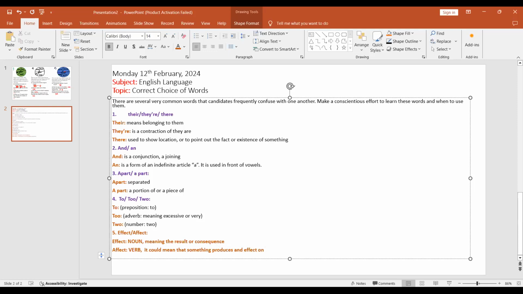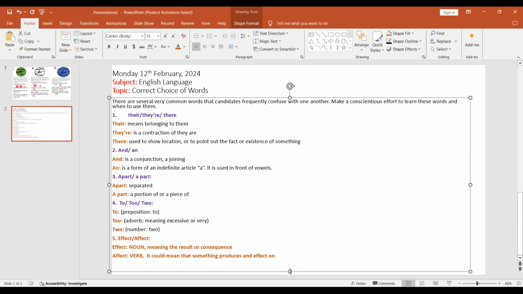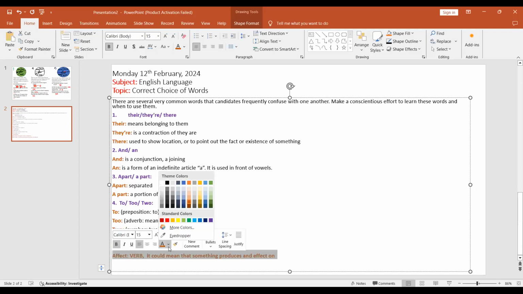See that? So there we go. The difference is that one is a noun and one is a verb. So don't use the wrong one.